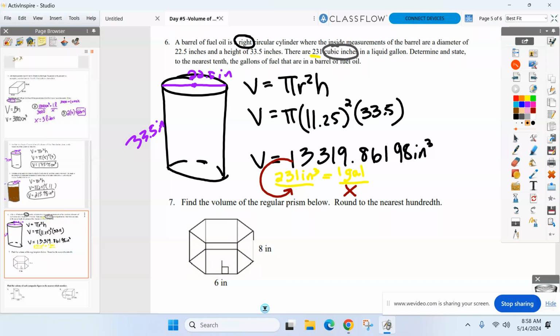I got faith in you. Wait. Hold on. 61.3 gallons. What are you getting for the volume? 13,000. 319. 13,900.